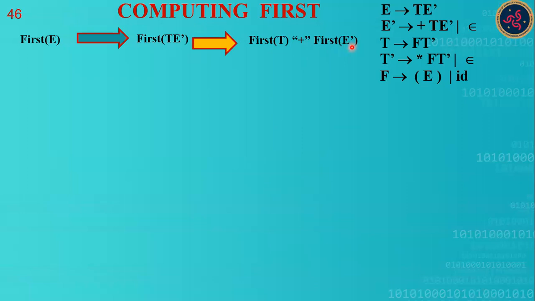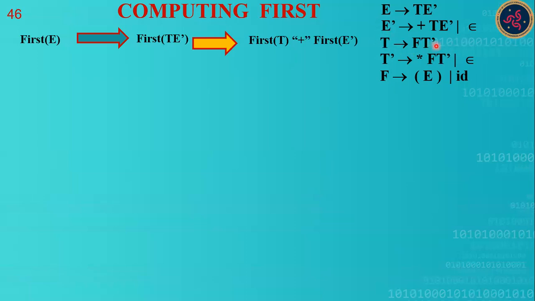Here I am considering first of T plus first of E prime. So now what is the production for T? The production for this particular non-terminal is F T prime.